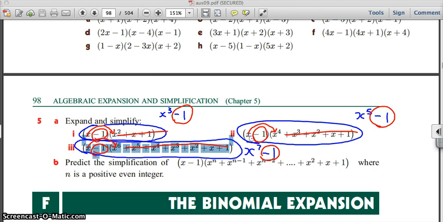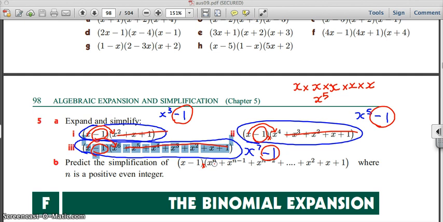And we got that by saying there's a multiplication sign in here, and we're saying x times x to the power of 4, which looks like that. And so 1, 2, 3, 4, 5, we can simplify that to be x to the power of 5, which is what we got. So then they're saying, predict the simplification of x take 1 times x to the power of n, x to the power n take 1.